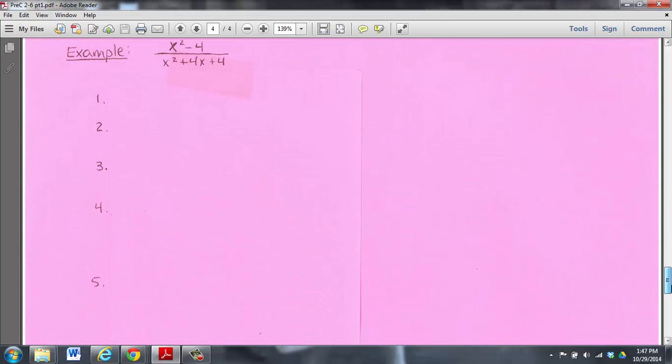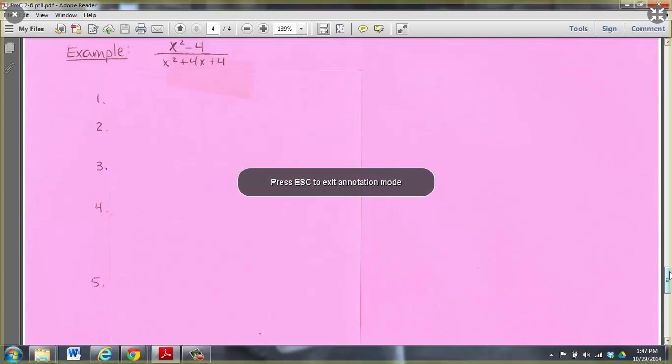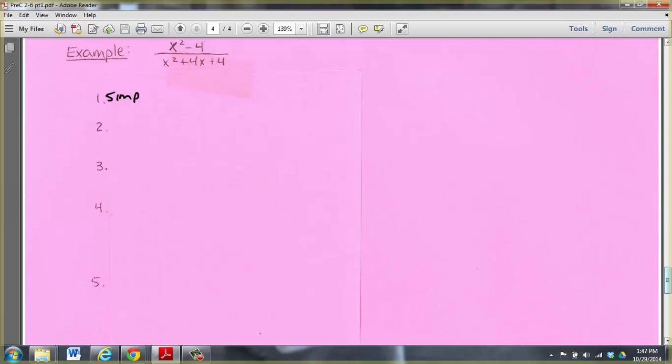Next example. x squared minus 4 in the numerator, x squared plus 4x plus 4 in the denominator. We start by simplifying. The numerator becomes (x plus 2)(x minus 2).